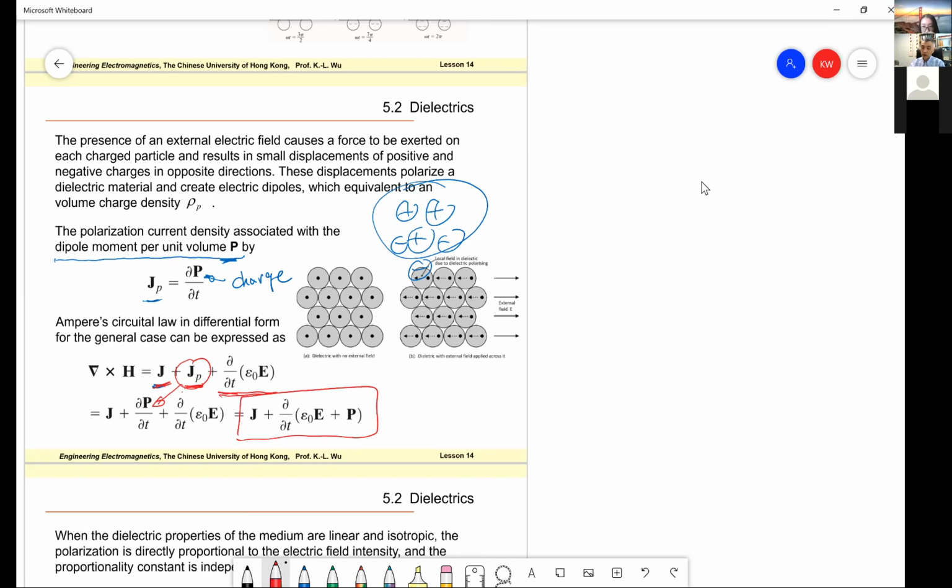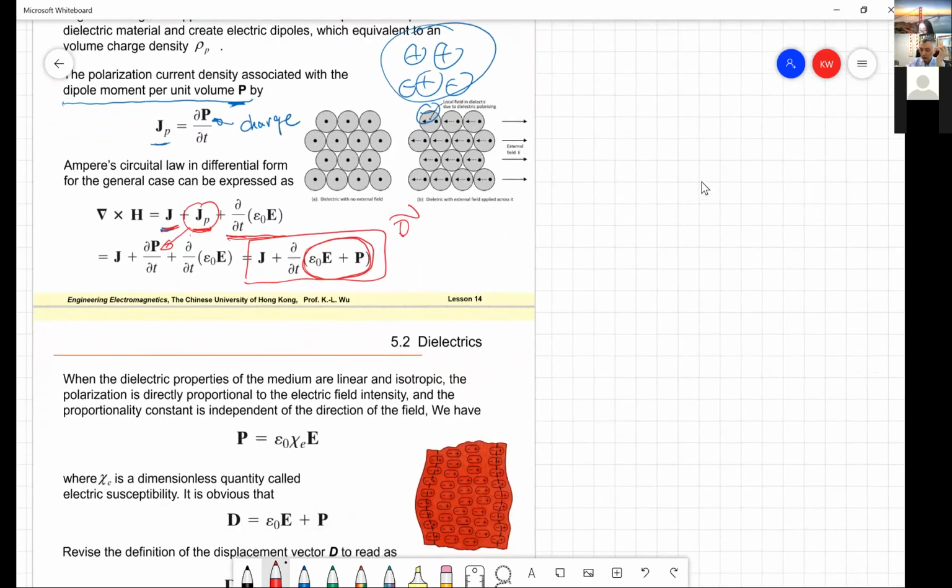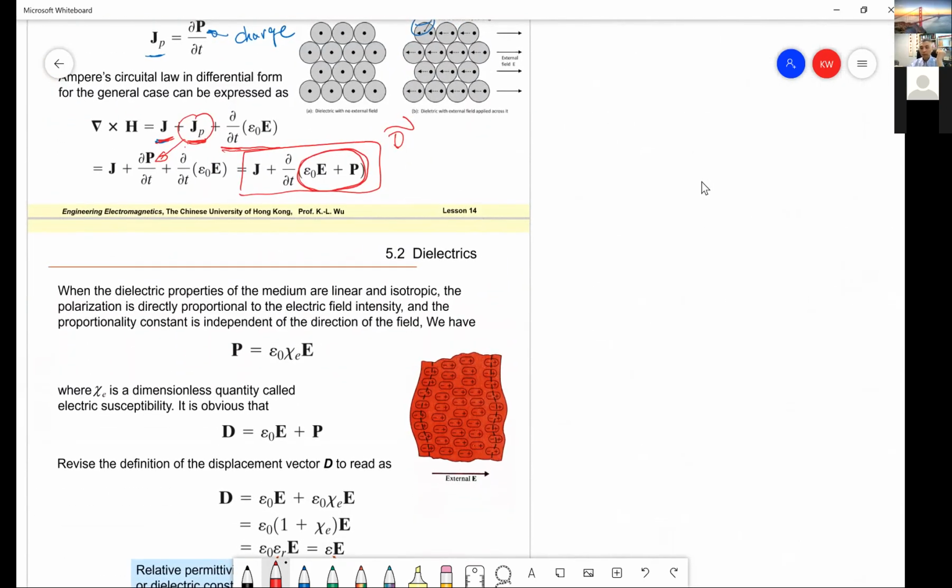Right now in free space we are in this form, but in this case, originally we called it D, but now we have a new member in the family, which is P. Also, by doing experiments, people found that this P is related to the electric field in an isotropic material.